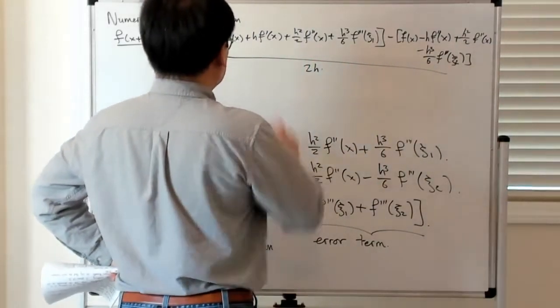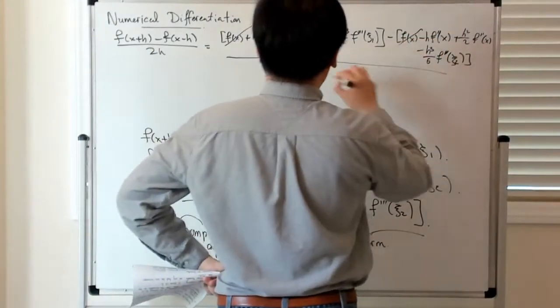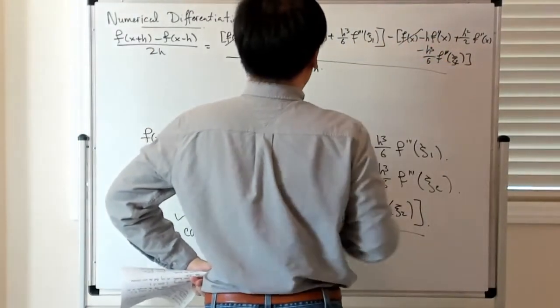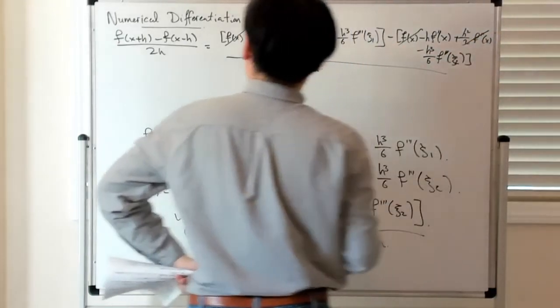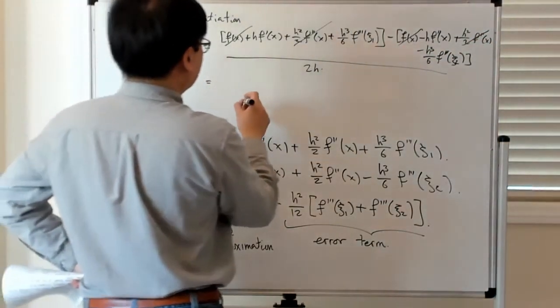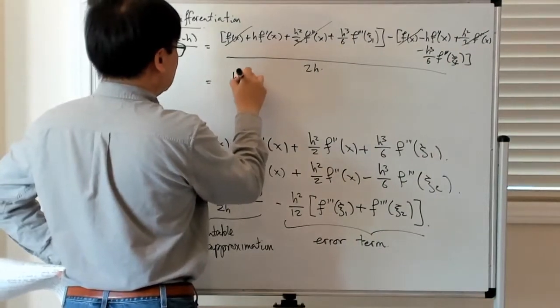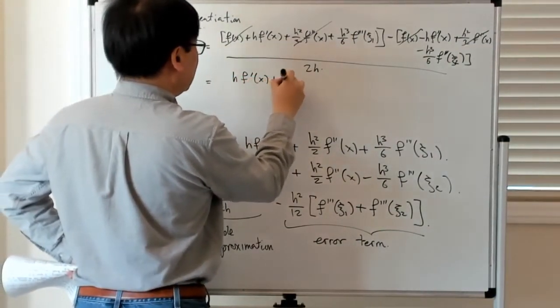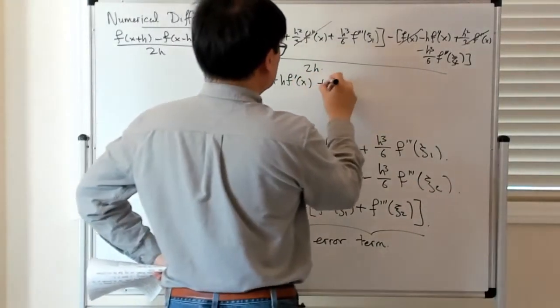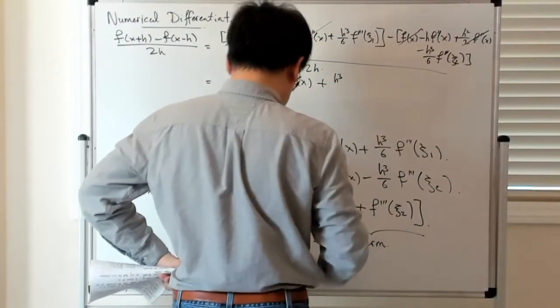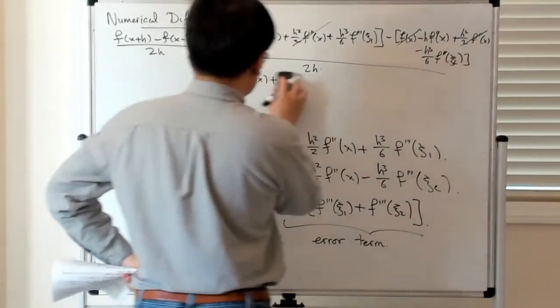All right, so we'll see that this f of x term cancels. The second term doesn't cancel, the third term cancels, and then the fourth term doesn't cancel. So you're left with h f prime of x plus h f prime of x, plus h cubed. Well, actually, let me collect these terms a bit.